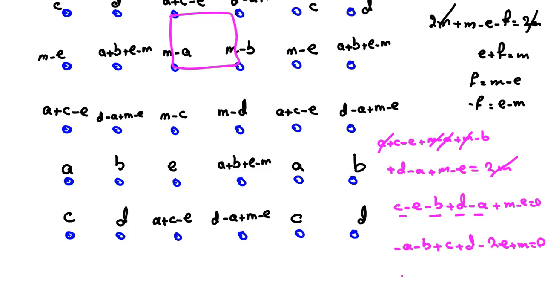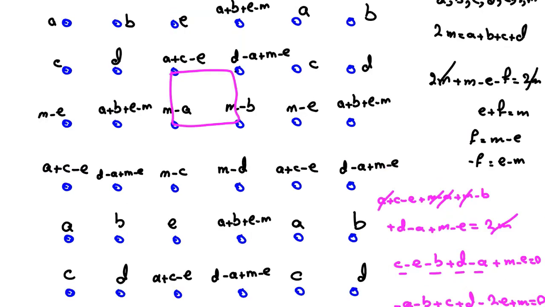So we can write E in terms of A, B, C, D. E equals, you take this side, M minus A minus B plus C plus D over 2.